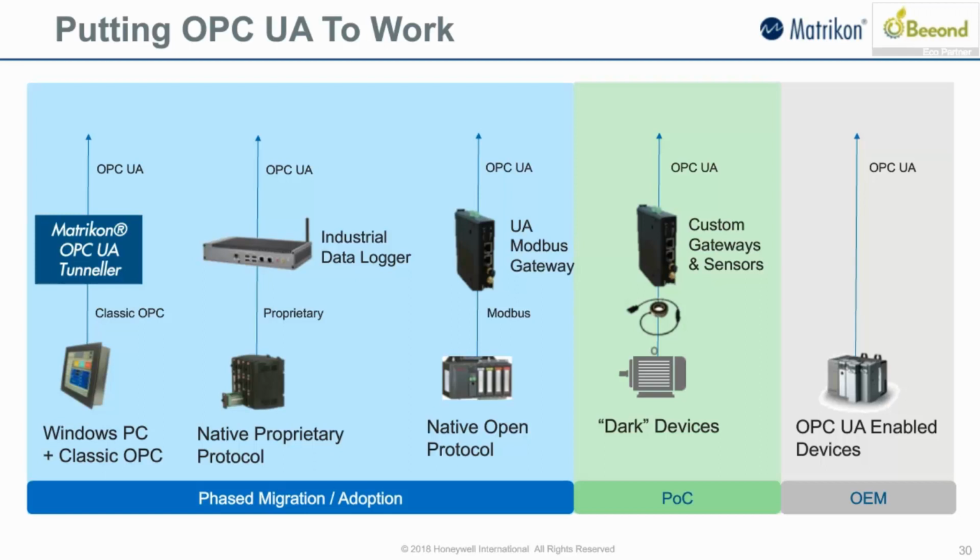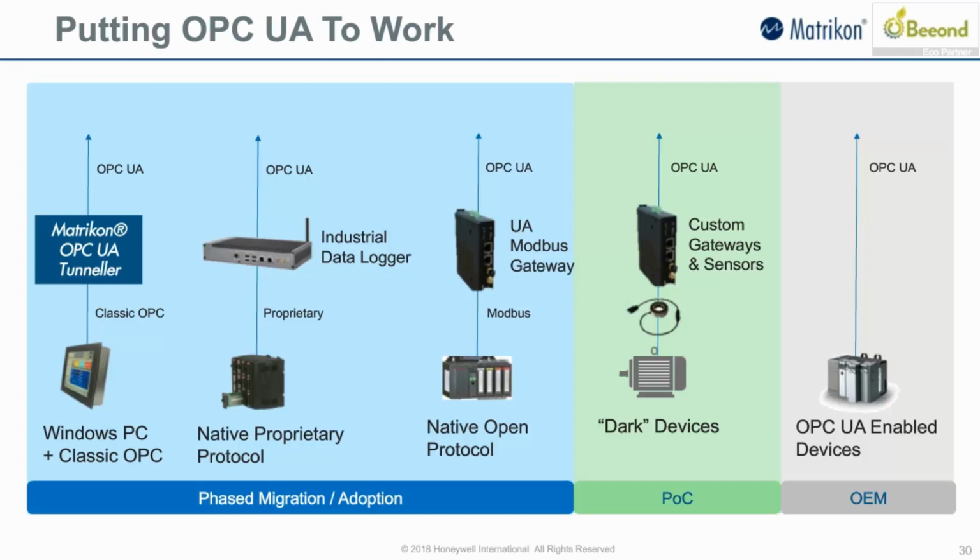At the bottom are various devices. On the left is some kind of software that's interfacing by OPC Classic. Of course, we have the tunneler that was spoken about previously that'll give you access to an OPC UA client. We have proprietary protocols.